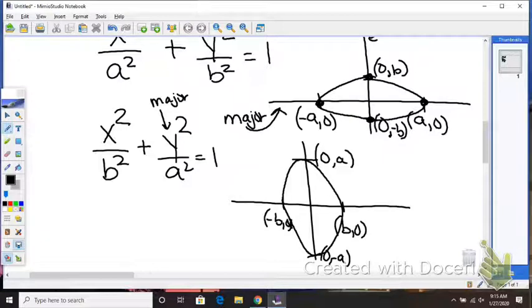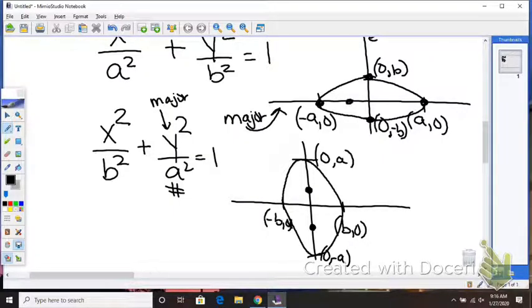But the big thing about ellipses is knowing where the bigger number is, because it tells you which axis is the major axis. Now I have two more things I haven't put in here, and those are the foci. When we did our parabola, we had one focus. This has two points that we call the foci, and they're on the major axis.